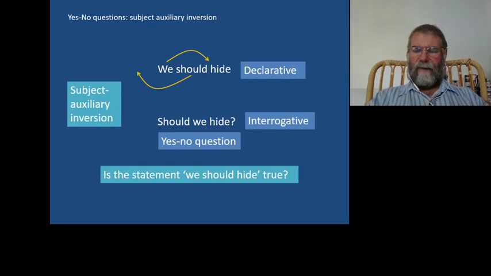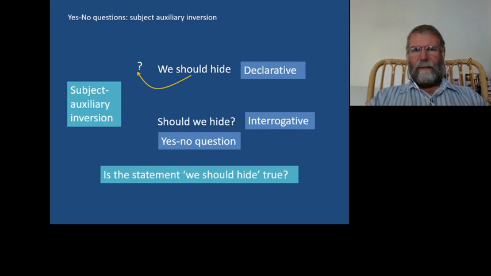Okay. In fact, when we start to look at it, the evidence is overwhelmingly that it's the modal auxiliary which is moving to the front end of the sentence, not the subject which is moving backwards. We'll see more on that as we go on.